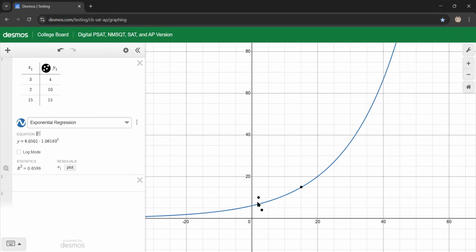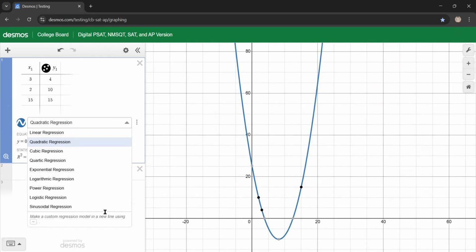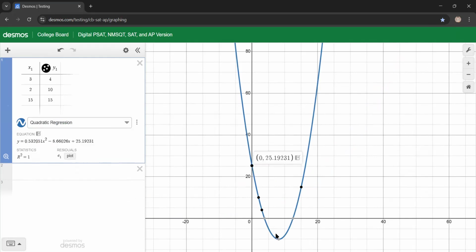Desmos did its best to approximate it to an exponential curve, and here you have the exponential equation. And if I set it to quadratic, it gave me the quadratic equation here. So that's all the regressions you will be doing. You will be able to see your y-intercepts, x-intercepts, the minimum points and all.